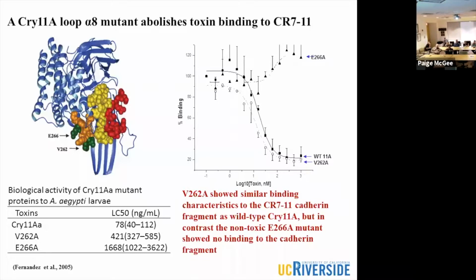The top line indicates it is unable to compete, whereas the 262 mutation is still able to compete, showing that valine 262 is not as important as the 266 amino acid in this particular case. Just to indicate that we have another receptor which we have not published on, another cadherin that binds differently, in that particular case, valine 262 is more important than the glutamic acid.